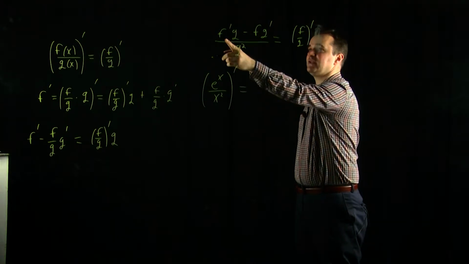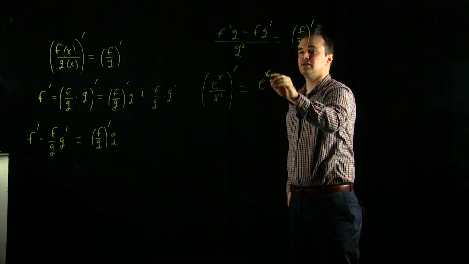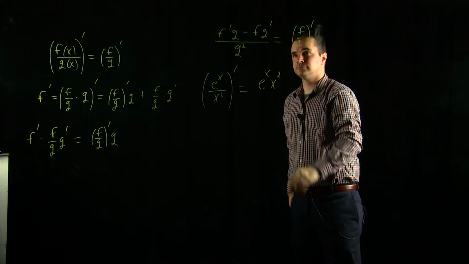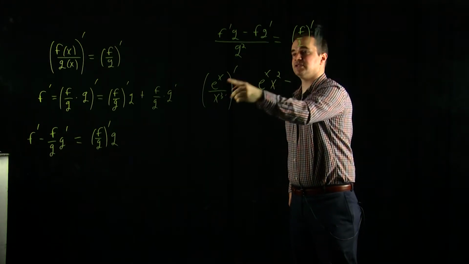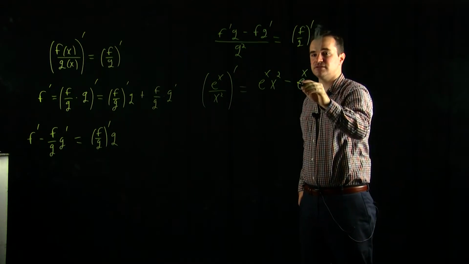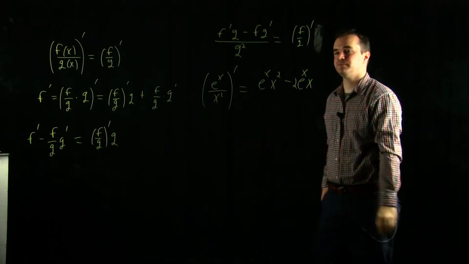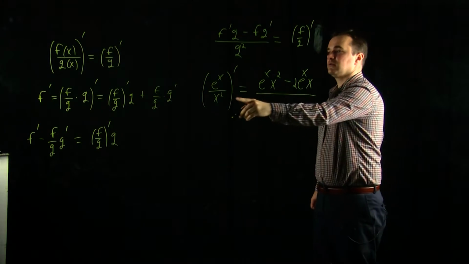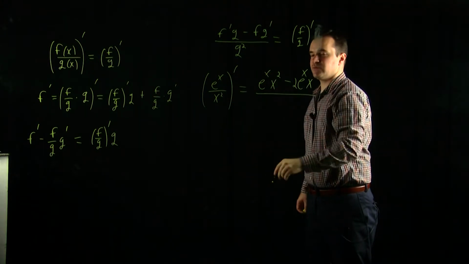So the derivative of e to the x, that's e to the x, times function g, that's x squared, subtracting function f, that's e to the x, times g prime, that's 2x. And then you're dividing by function g squared. So that's x squared squared.